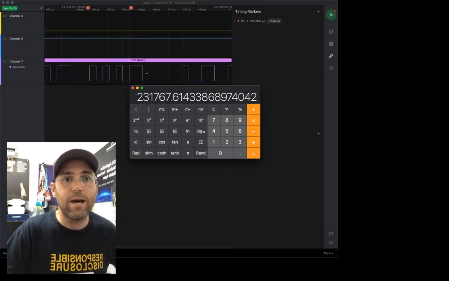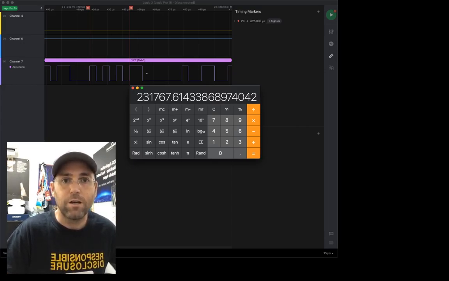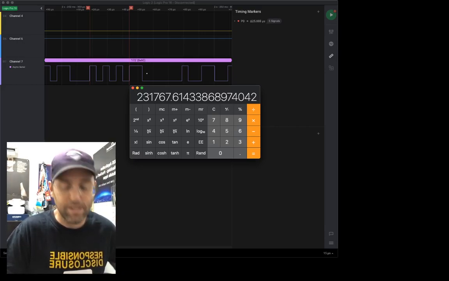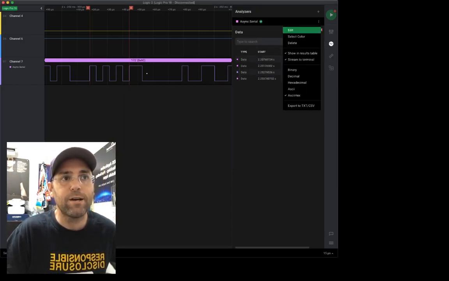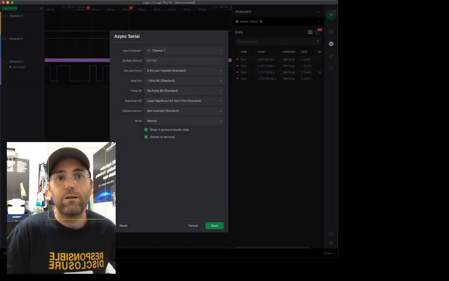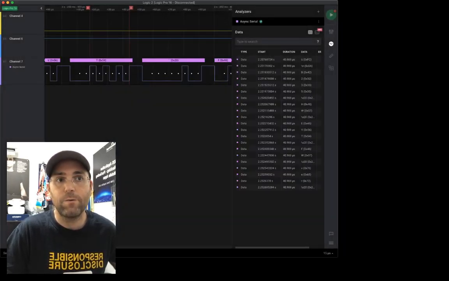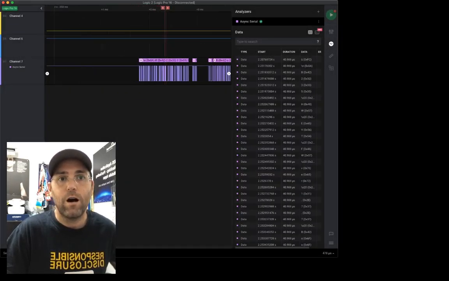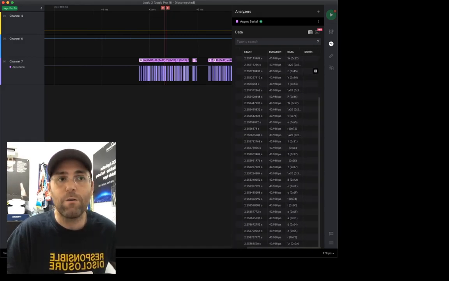And we see that the correct baud rate for this communication is 231,767. So let's take that value and redefine our serial communication with 231,767. And let's see what happens. Okay? All of a sudden, we have a lot of data that we didn't have before, because now it is translated correctly.